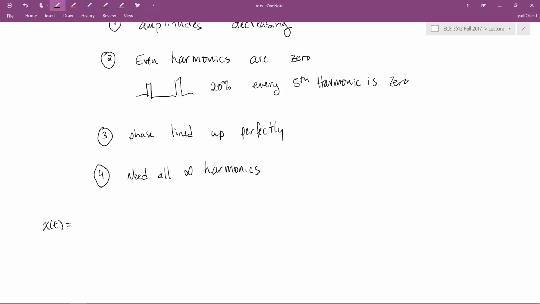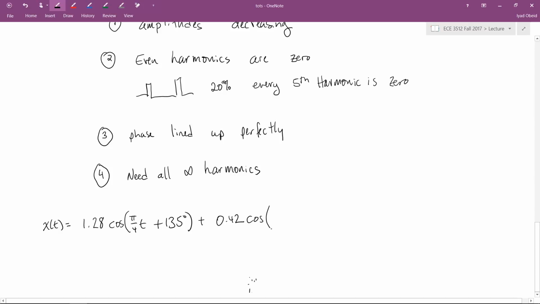So essentially what we've just worked out is that x of t equals 1.28 cosine of pi over 4 t plus 135 degrees, plus 0.42 cosine of 3 pi over 4 t minus 135 degrees, plus 0.26 cosine of 5 pi over 4 t minus 45 degrees, plus dot dot dot.